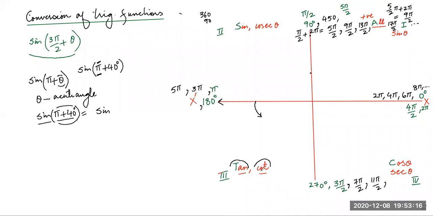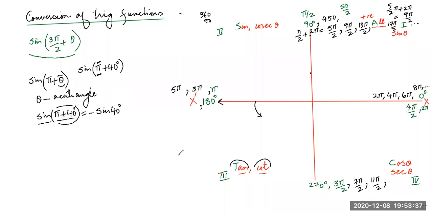Am I right, students? In the third quadrant, only these two are positive. So the sign will be negative. That's why I simply add a minus sign here.